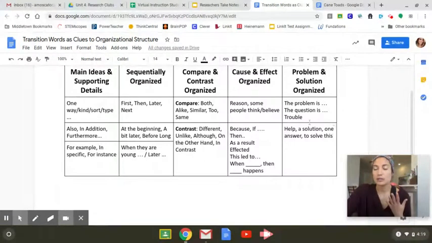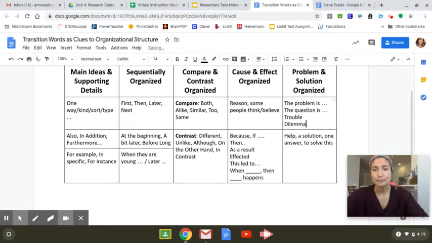Some signal words to identify a problem and solution text structure is maybe it'll say the problem is, the question is, the trouble is. I like how they said dilemma there too. I'm going to add that. And then you might see words that are signaling a solution. That means it's saying help, a solution, one answer to solve this. Okay, that'll help you identify that it is a problem and solution text structure.